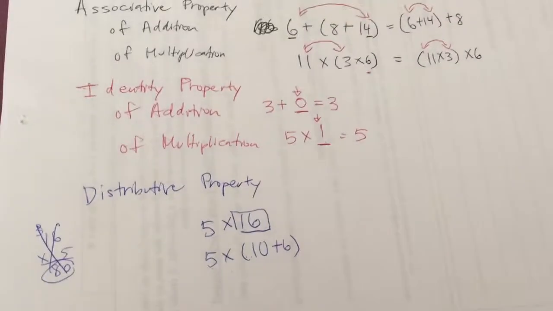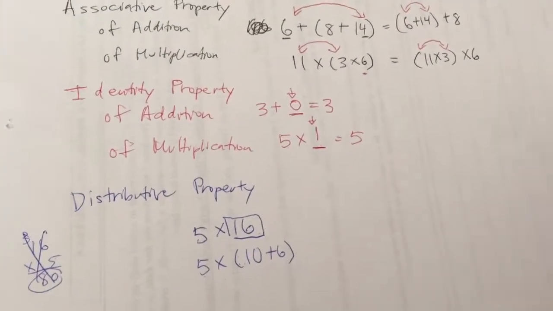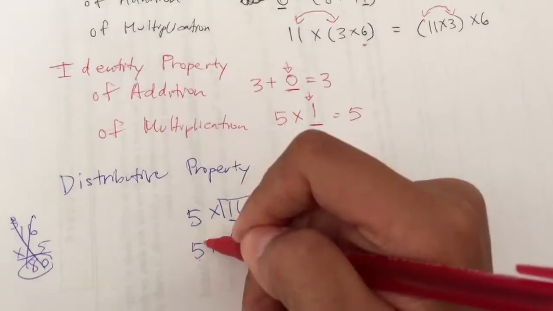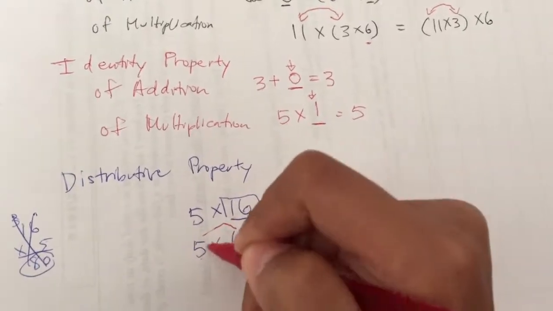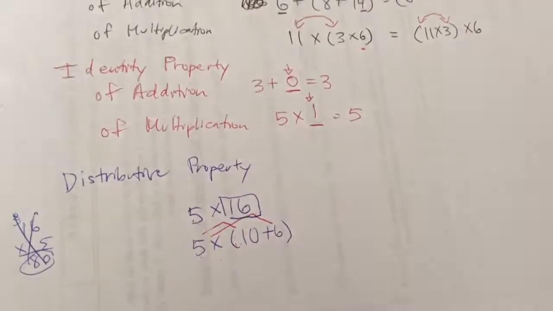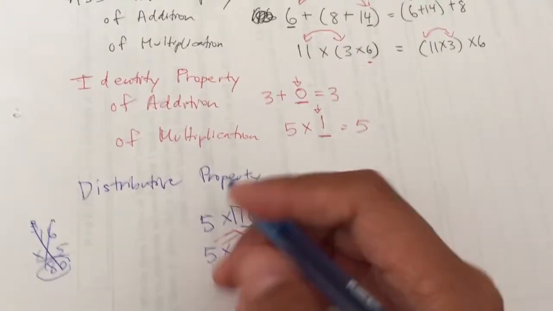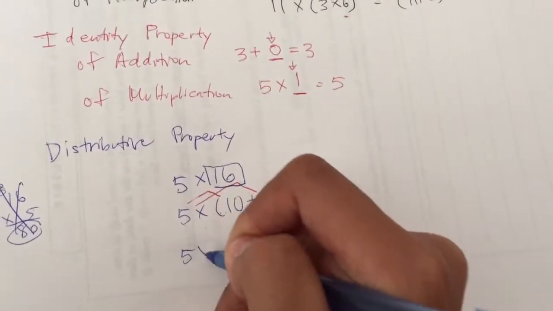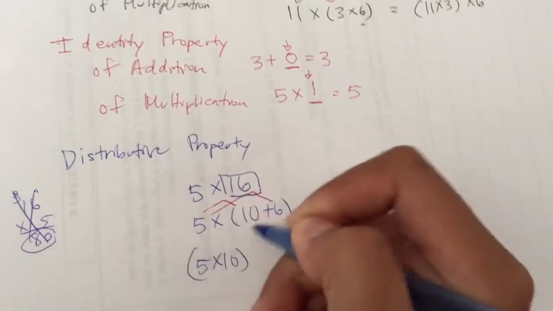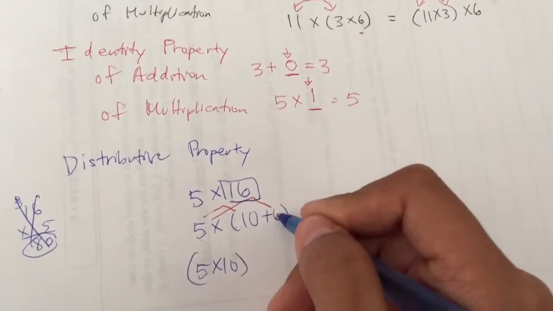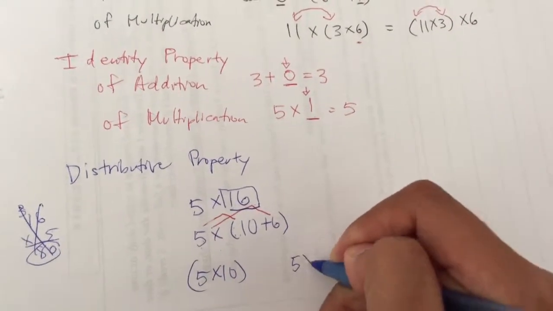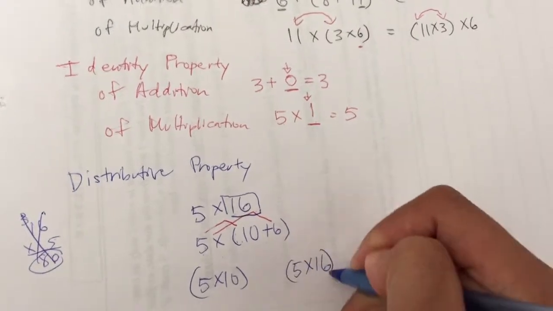The second step in the distributive property is now you take your 5 and you're going to multiply it by the two numbers that created that 16. So you're going to do 5 times the first part of 16, which is 10. 5 times 10. Then you're also going to do 5 times the second part of 16, 6. 5 times 6.